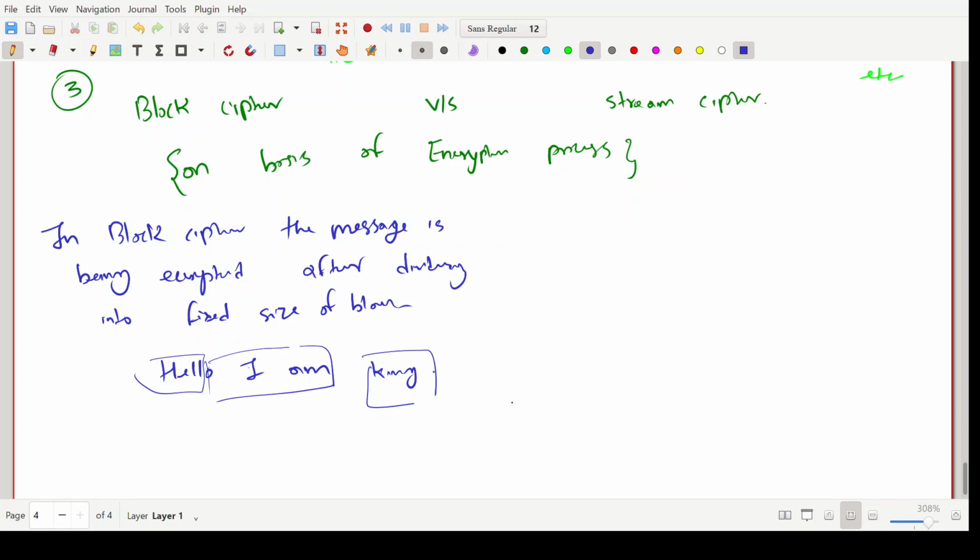And this is called block cipher. I'm encrypting this, then I'm encrypting this, then I'm encrypting something like that. I'm dividing it into blocks of the same size. Correct? So I can encrypt anything. I can encrypt everything together here. Correct? They are not dependent on each other.